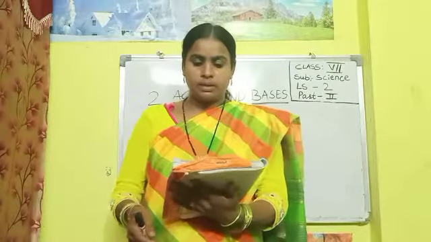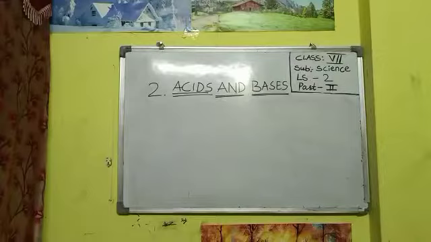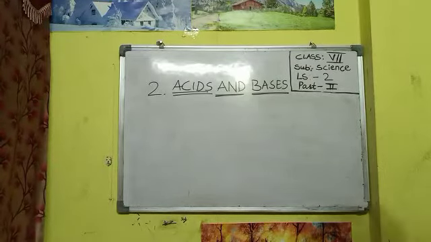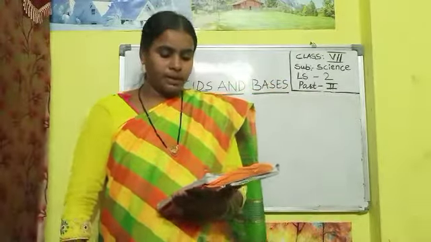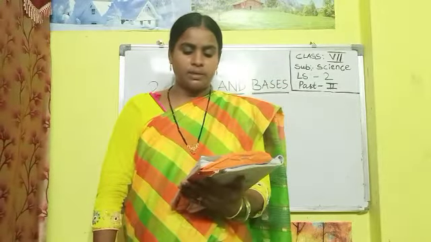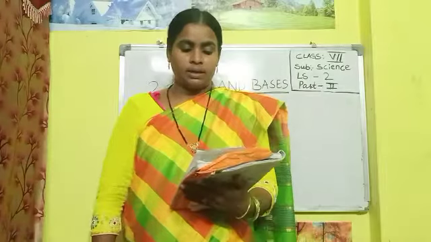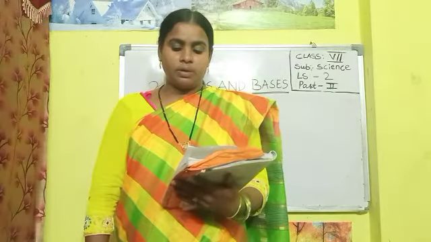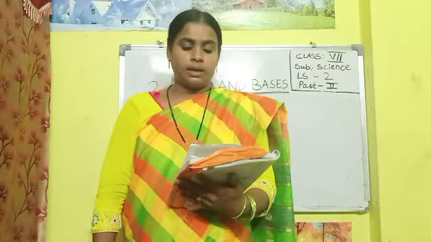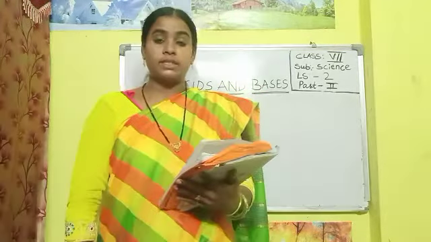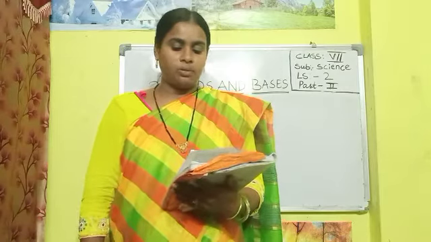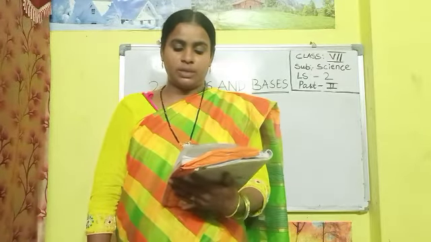So children, let us do 6. Children, take the substances that are given in table 3 and test them with phenolphthalein and methyl orange solutions. Take a small amount of the substance in 2 test tubes.